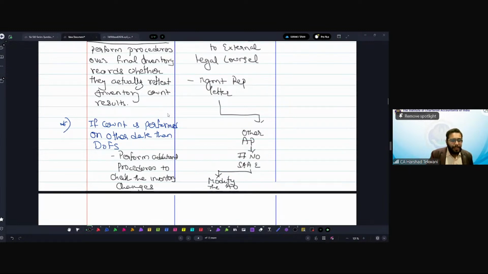The second one is you are not able to perform other procedures. In that case, directly modify the opinion. So if you are unable to perform other procedures, modify the opinion. If you are performing other procedures but still don't have sufficient and appropriate audit evidence, modify the opinion. If you are getting the evidence, perfectly fine; according to the testing results, give the opinion.